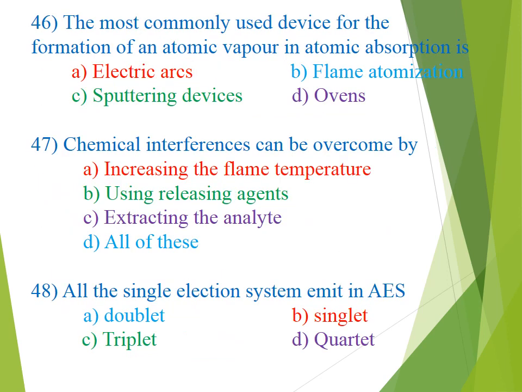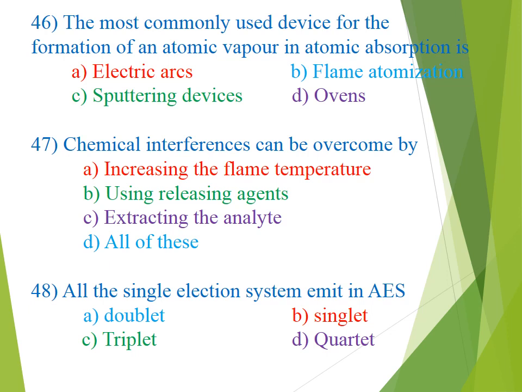46. The most commonly used device for the formation of atomic vapor in atomic absorption. The correct answer is flame atomization. 47. The chemical interference can be removed by A. Increasing the flame temperature, B. Using releasing agent, C. Extracting the analyte, D. All of this.